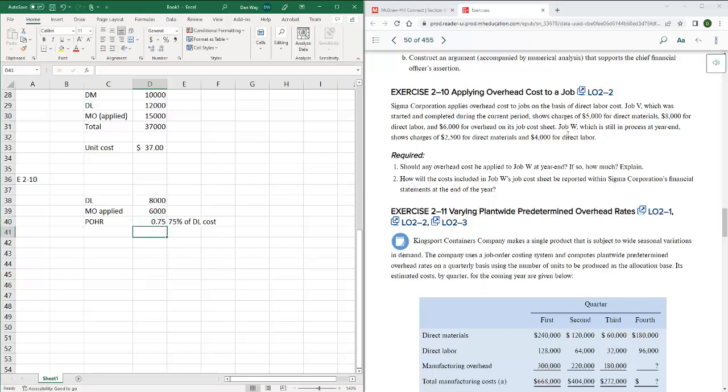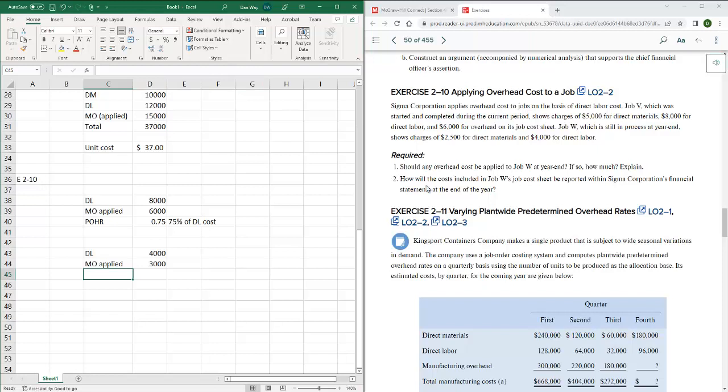Now I can figure out what it would be for job W. Job W had direct labor cost at the end of the year of $4,000. So its overhead applied would be that predetermined overhead rate of 75% of labor cost times the labor cost assigned so far of $4,000. So I'm going to apply $3,000 in overhead to job W.